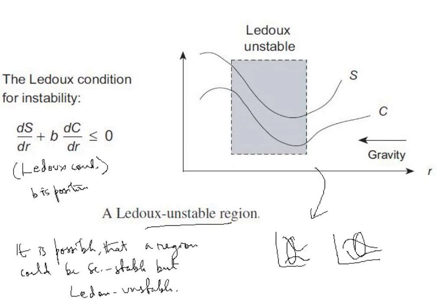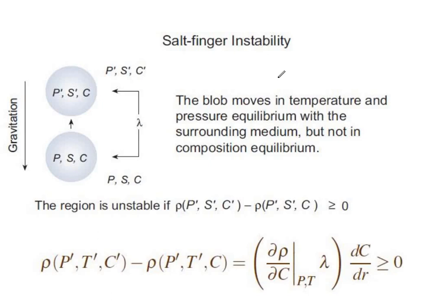Okay. Now let me talk about the third instability, and this has a very peculiar name: salt finger instability. Now we will consider a situation where the blob is in temperature and pressure equilibrium with the surrounding medium, but it is not in composition equilibrium.